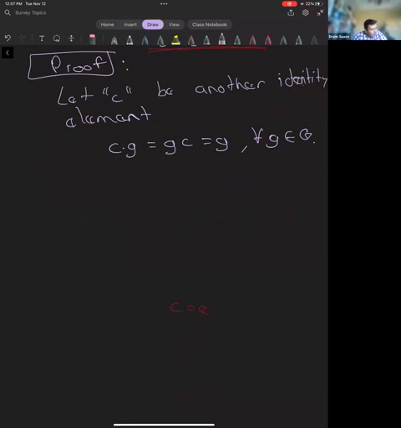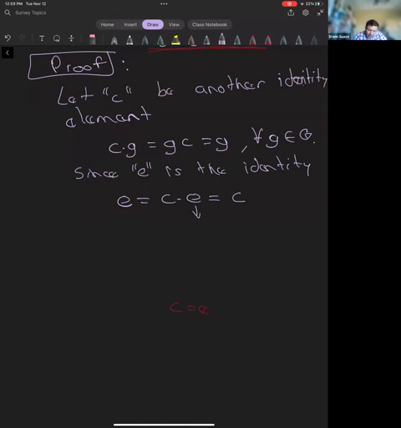And then we also have E, right? So what I did was, since E is the identity, we have E equals C times E, right? But C times E, for E being the identity, equals C, right?